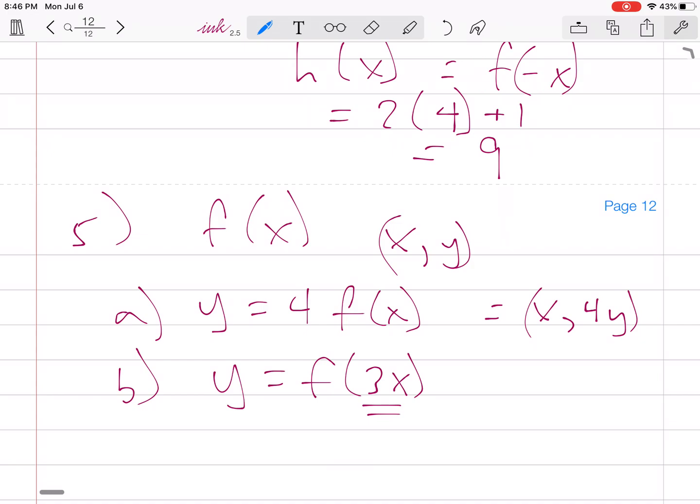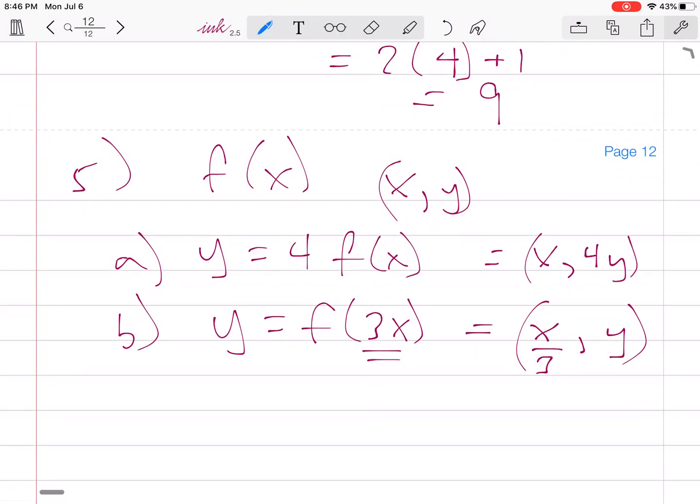So if it's a multiplication of 3, that means that what you're going to end up doing is a division of 3, and that's going to act on the x value. Okay, so suppose your x coordinate was 12, then you would go 12 divided by 3, and it would now become 4. Okay, so this is useful when we're doing the mapping.